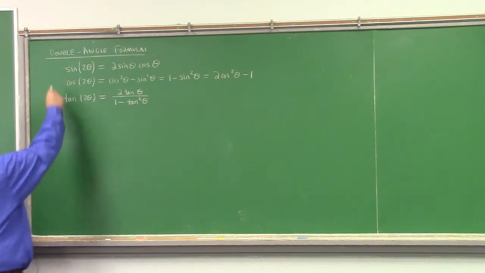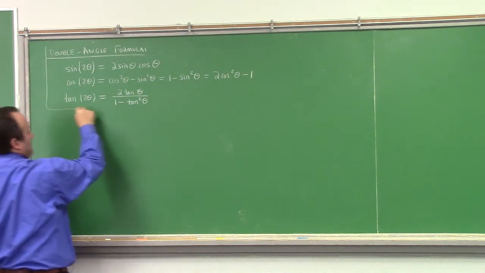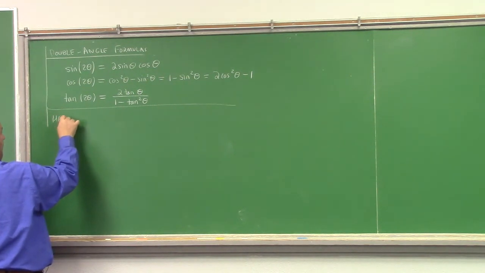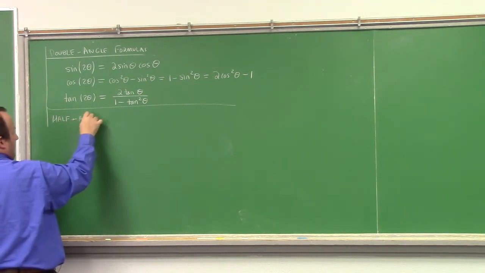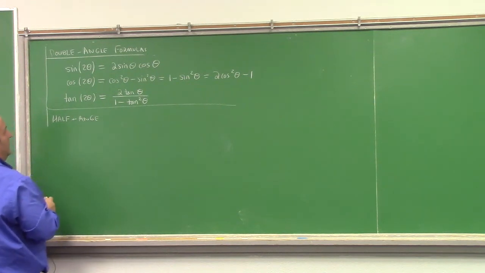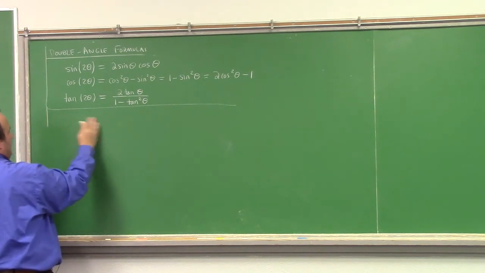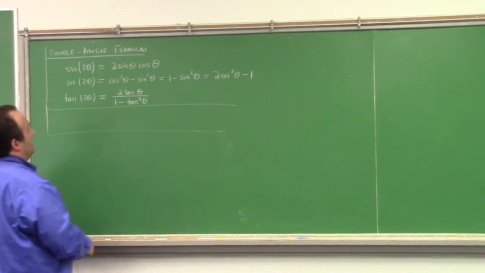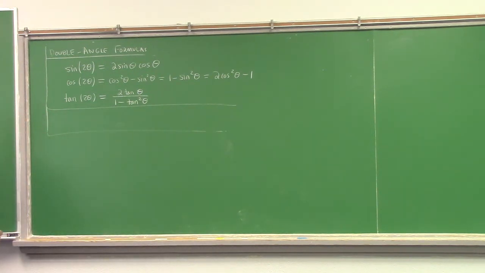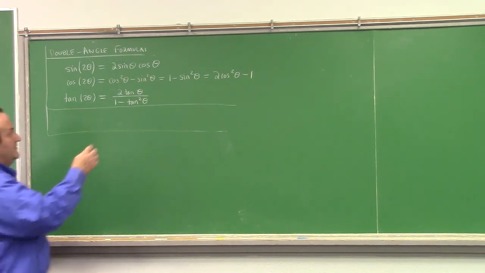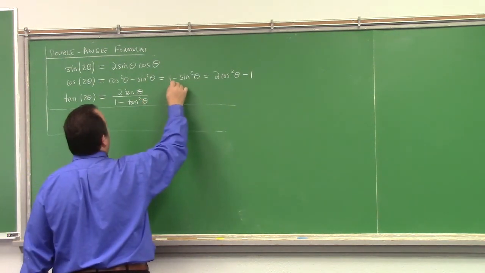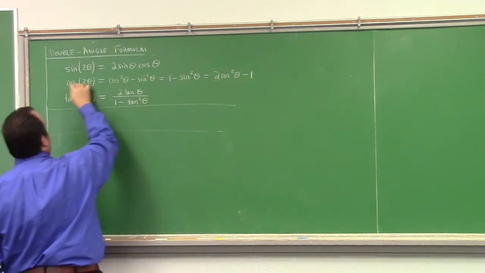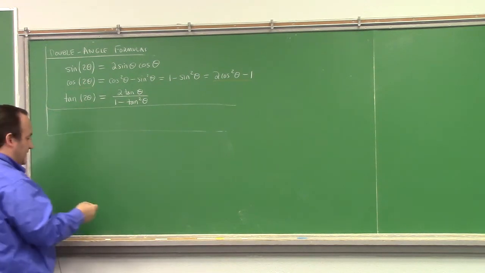And I would point out that these immediately lead us to the half angle formulas, right? Well, I don't know if these are half angle formulas, but let me just say this. The ones you need for calculus 2, notice that if we solve this one, 2 cosine squared theta minus 1, for cosine squared, what does it give us?